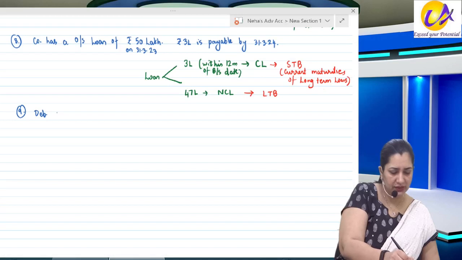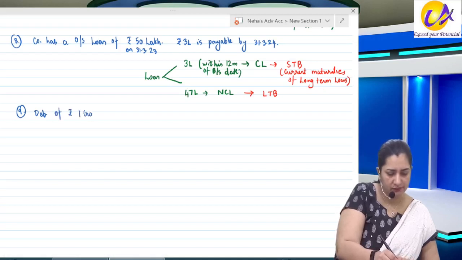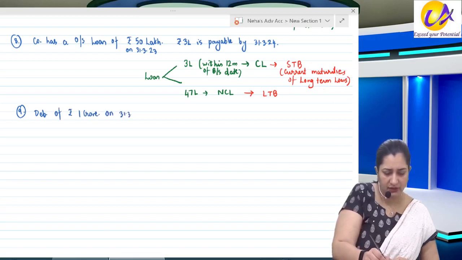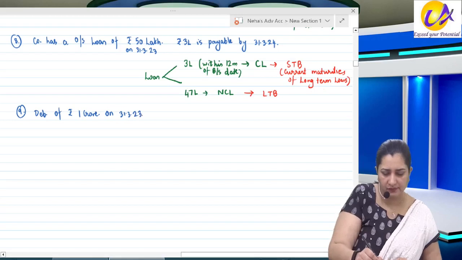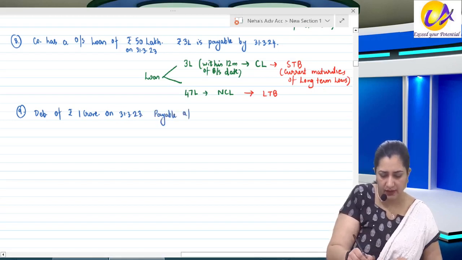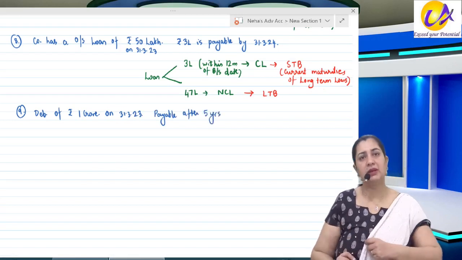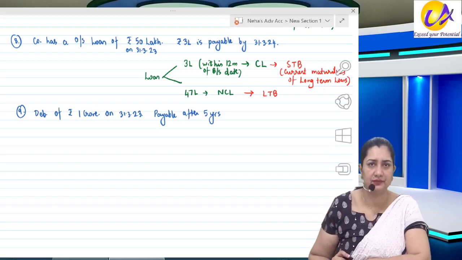Debentures of rupees 1 crore on 31st March 23. They are payable after 5 years. Okay?